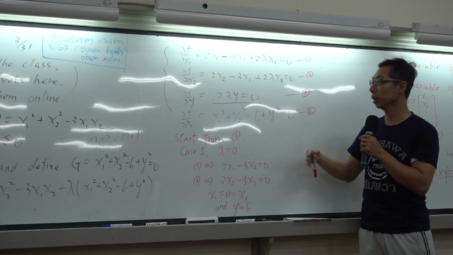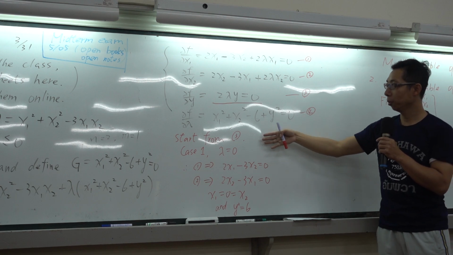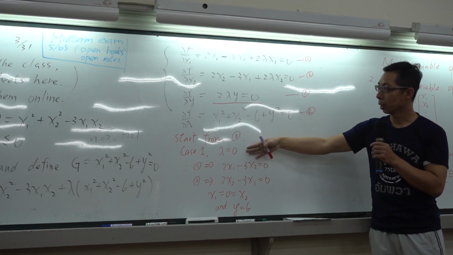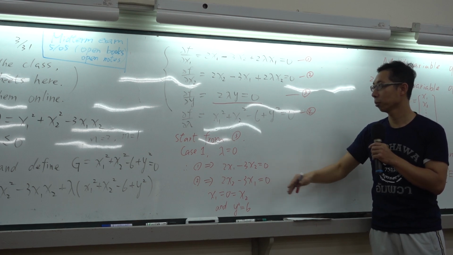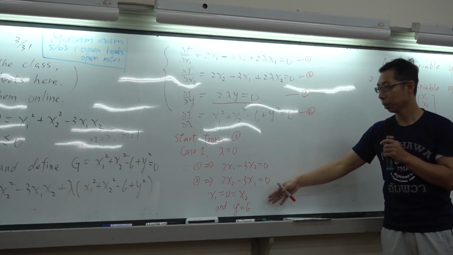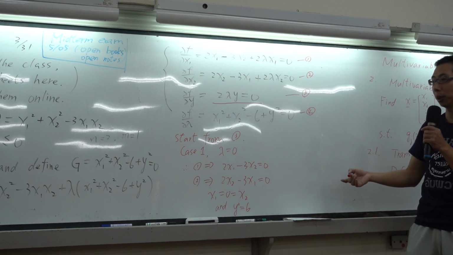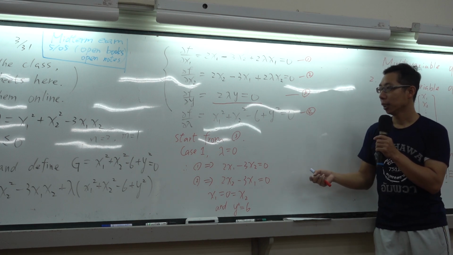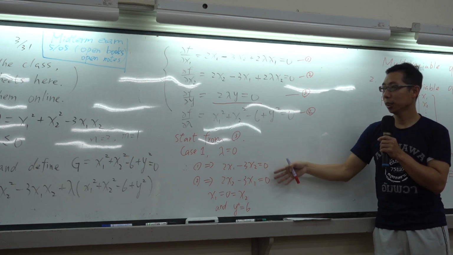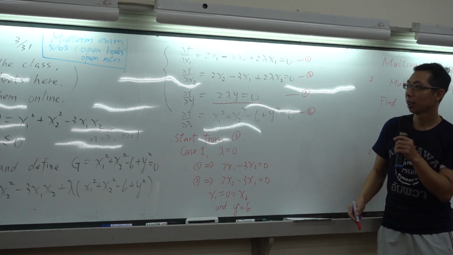Case 1, lambda equals 0. With lambda equals 0, we can solve for x1 and x2. Also we get y squared equals 6, and of course y equals positive negative square root of 6. So my question is, in this case 1, is the constraint active or not?